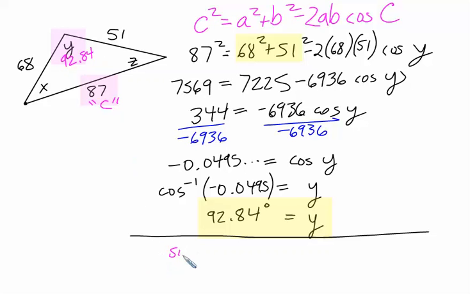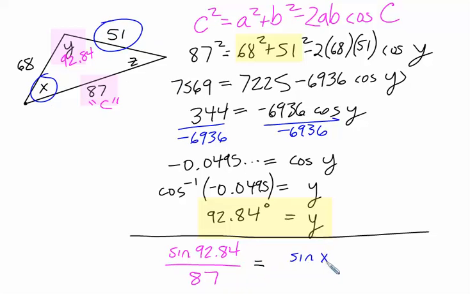Now that we figured out that y is 92.84 degrees, we can use the law of sines. We can say the sine of 92.84 divided by 87 is equal to, then we can take one of the other pairings. So we'll say the sine of x divided by 51. We'll multiply by 51 on both sides.